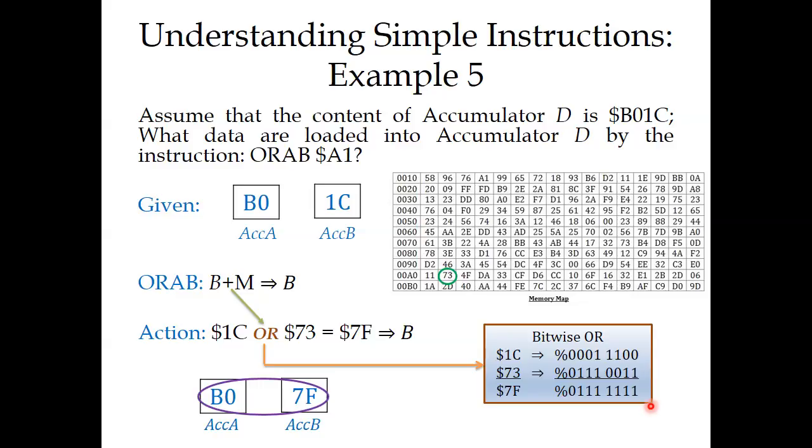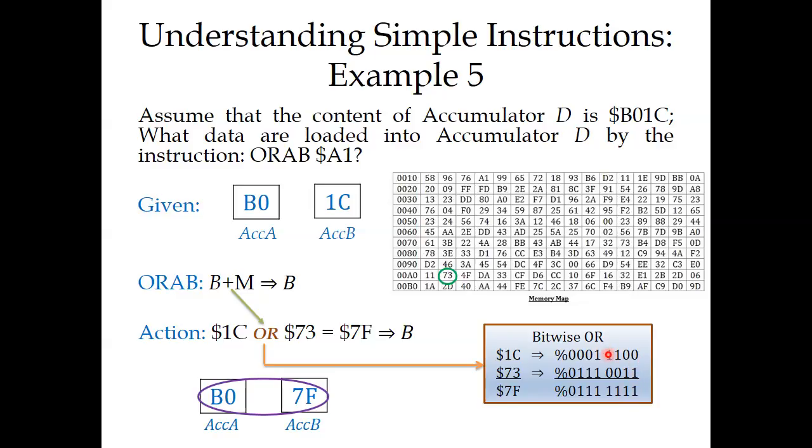Now remember, let's recall what the OR operation does. OR operations give you high when any or both inputs are high, right? Let's recall the OR gate. So that's exactly what's happening here. 0, 1. So if any of these is 1, it will be 1, right?